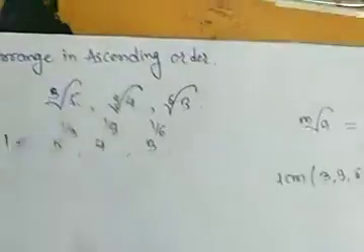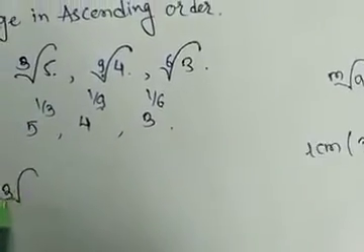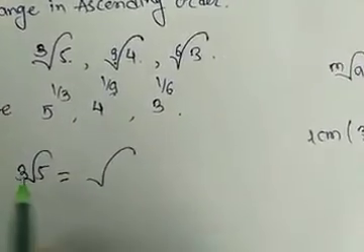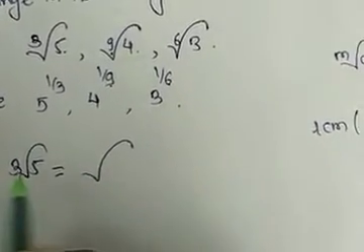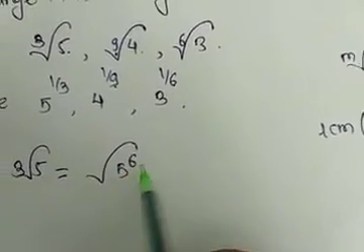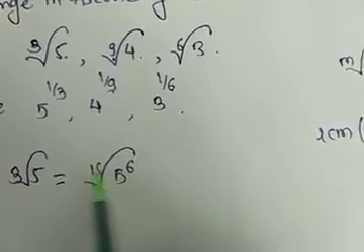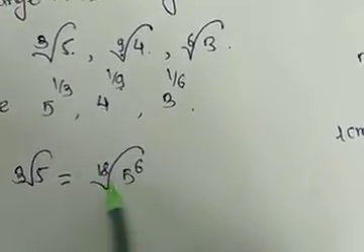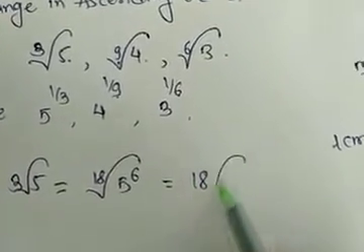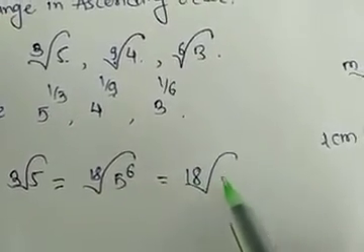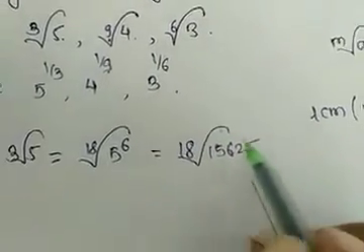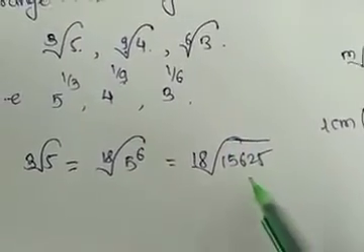Now the cube root of 5 can be written as, to make 18, 3 6s are 18, so we have to take the 6th power under the root. 5 raised to 6, so it becomes the 18th root of 5 raised to 6, which is equal to the 18th root of 15,625. All these terms should be in a root.